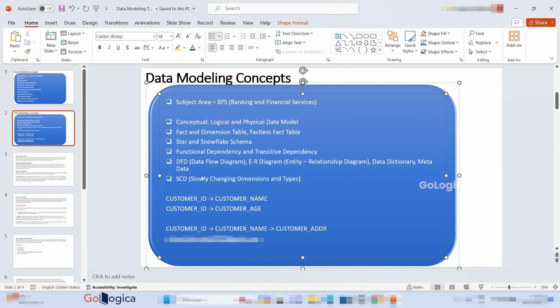So SCD plays an important role. It gives a sense to a data modeler to create their columns like audit columns, just like load date timestamp, start time and end time, delete flag.